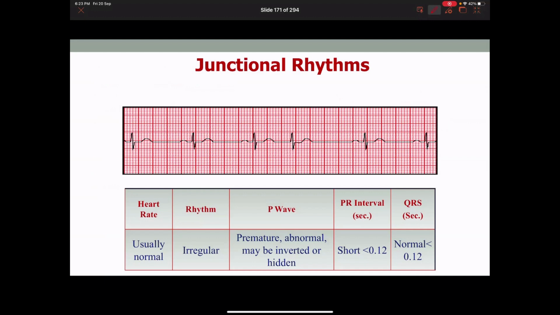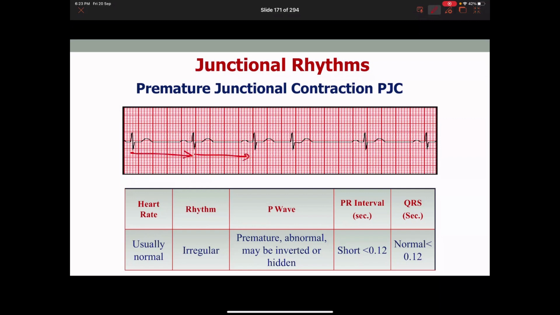Premature junctional. Yes, it's premature junctional contraction. Now, why is it not a premature atrial contraction? Because there is no P wave. Exactly. So you see how this is regular, but then this one comes too early, and it doesn't even come with a P wave.